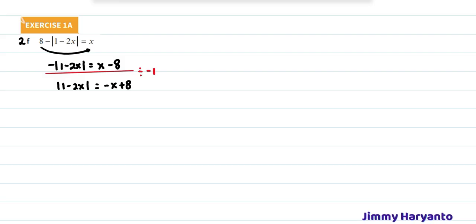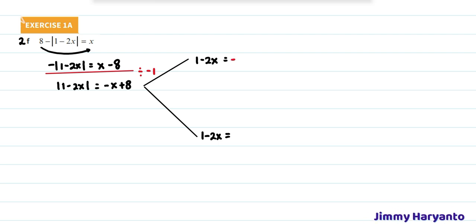And then as you can see, this is the second type of equations. That means you have to split them into two parts, and then later you will have to double check your answer. The first part will be negative x plus 8. The second part will be negative, open brackets, negative x plus 8. There you go.